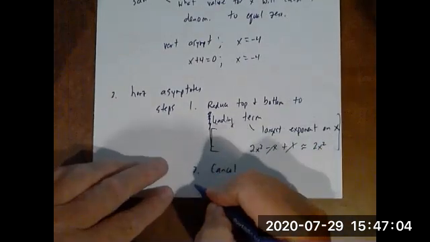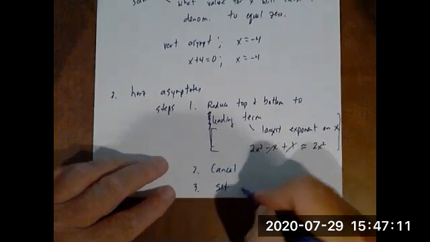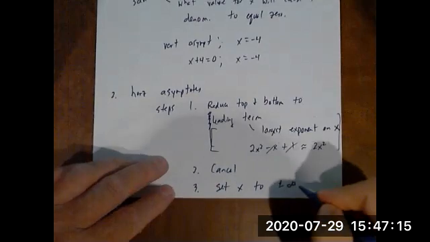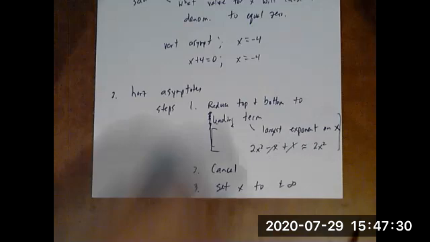And then set x to either plus or minus infinity. In other words, you're basically asking yourself, what's going to happen if I make x a really, really large number, either a positive or negative number? Once you do these three things, you'll know your horizontal asymptote.